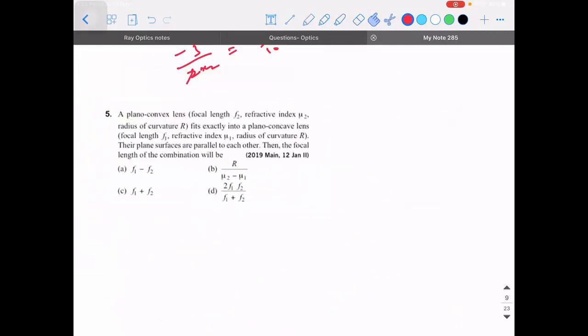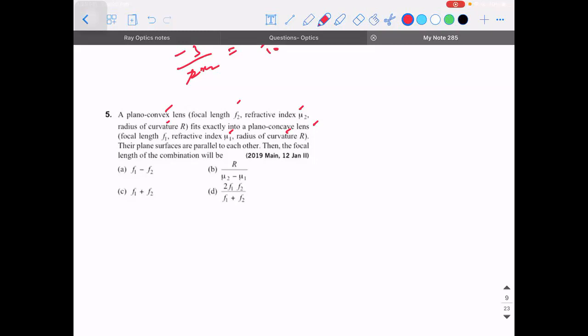So there is a plano-convex lens of focal length f2, refractive index mu2, and radius of curvature r, fits exactly into a plano-concave lens of focal length f1, refractive index mu1, and radius of curvature r. Then their plane surfaces are parallel to each other. Then the focal length of the combination will be.